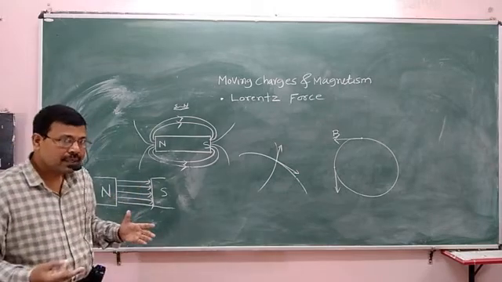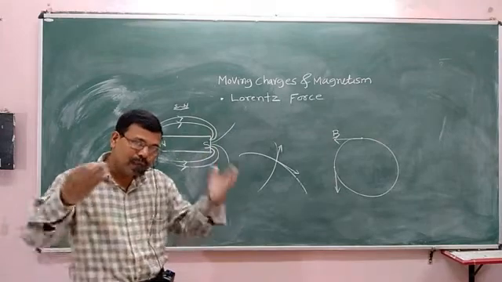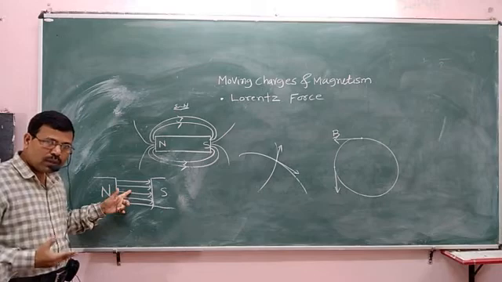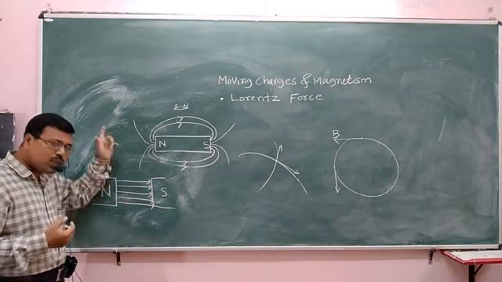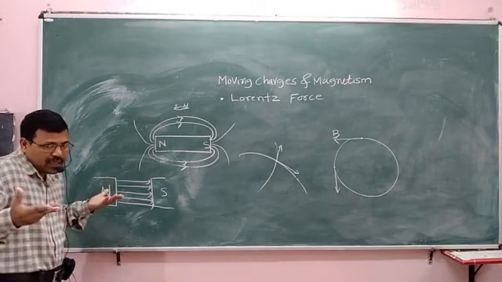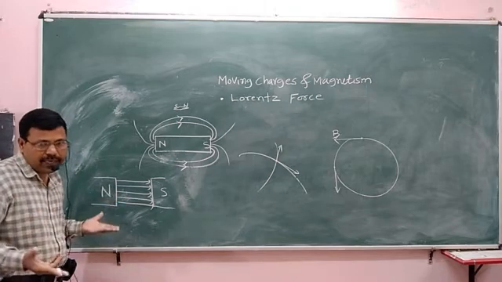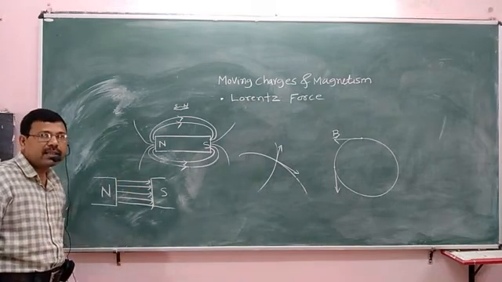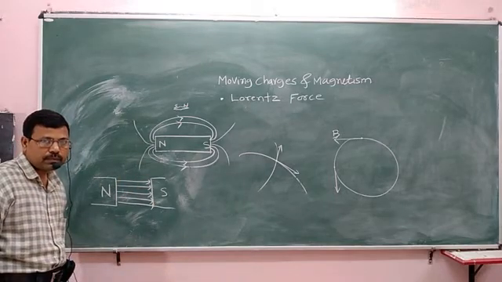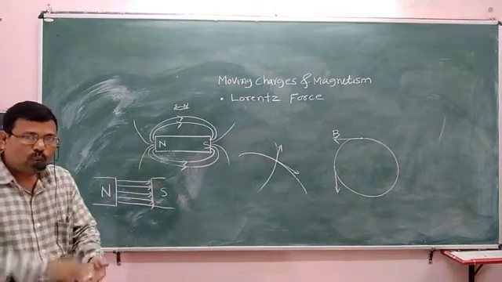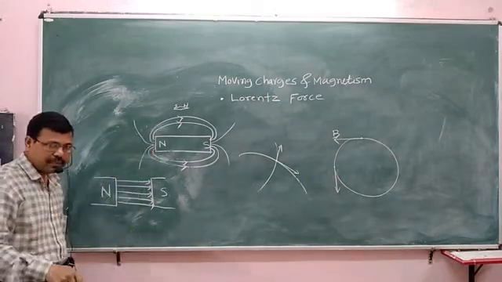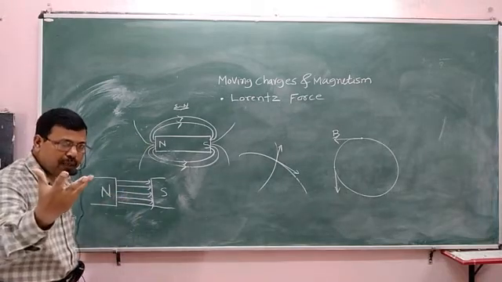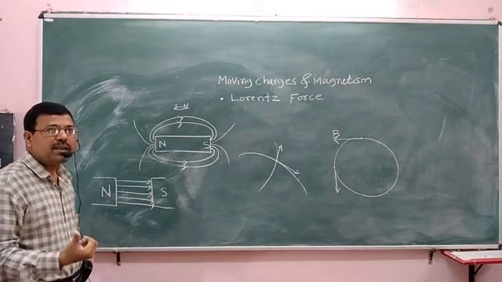Why? Lorentz says that whenever a charged particle like electron, proton, deuteron moves in the magnetic field, whether it's a non-uniform magnetic field or uniform magnetic field, that charged particle experiences a magnetic force.